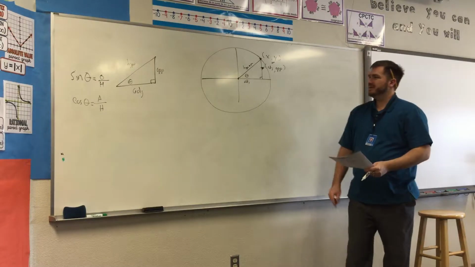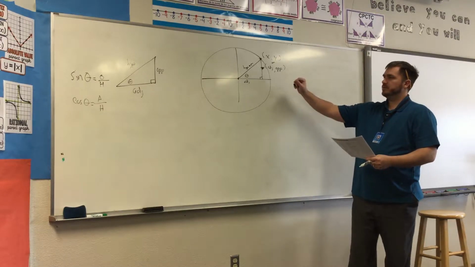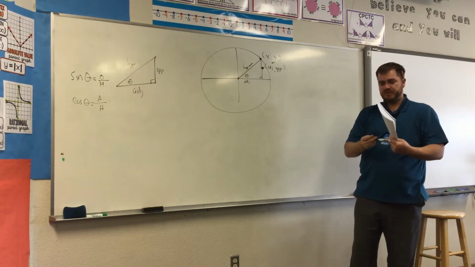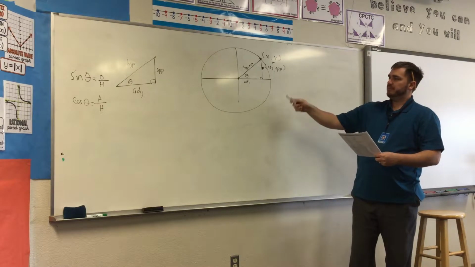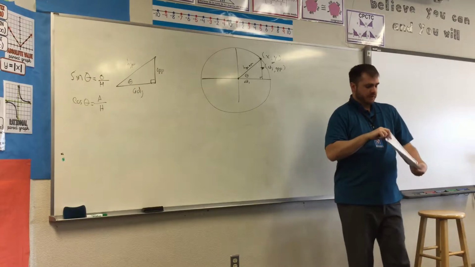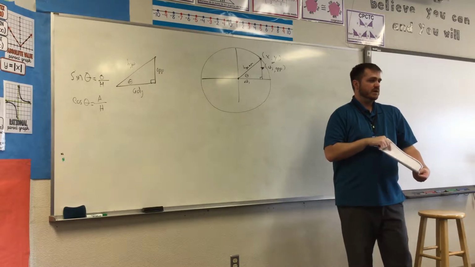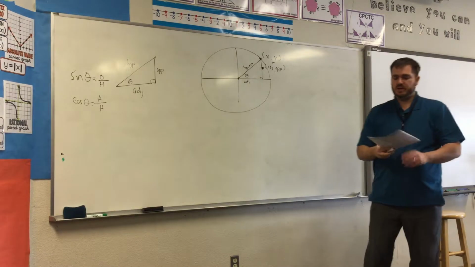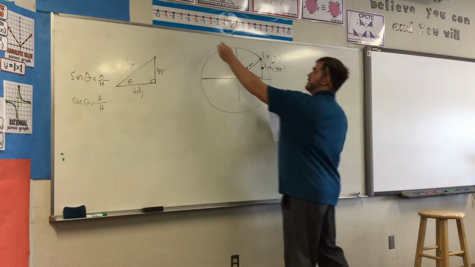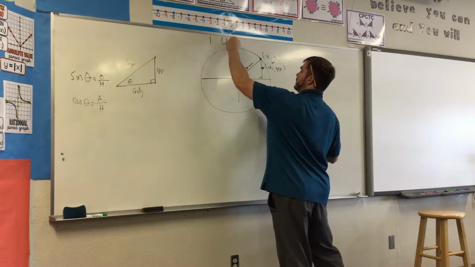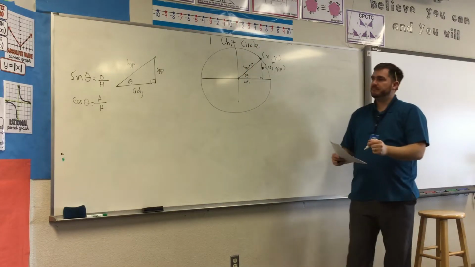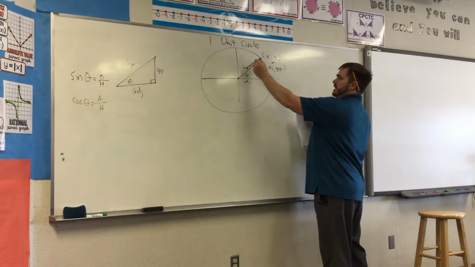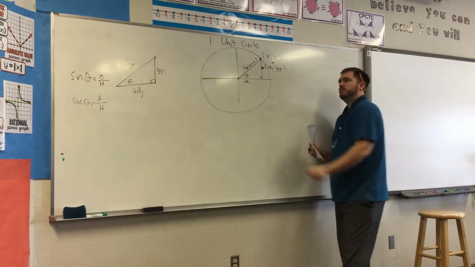Okay. So, like I said, we're thinking about this in different ways. Now, this circle over here that's drawn for you is called the unit circle, although I like to call it the 1 unit circle, because it has a radius of 1.